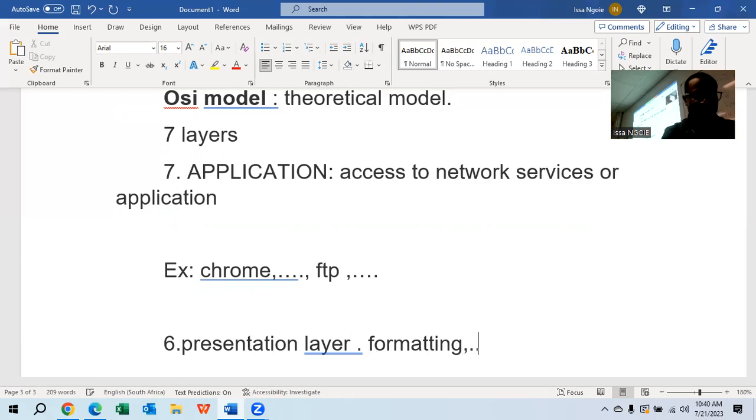Formatting and so on, right? And they will ask you, what are the protocols that allow you to make a good formatting? There are so many, like MPEG, JPEG and so on. There are so many protocols that fall under the presentation layer.